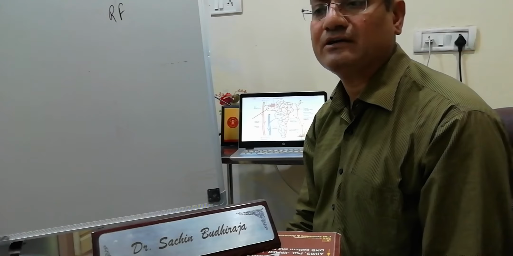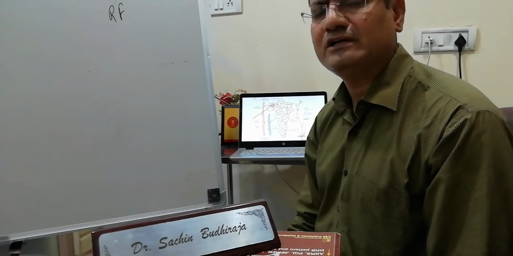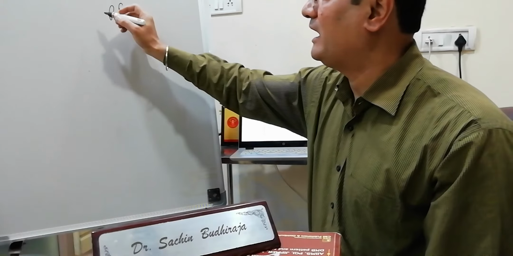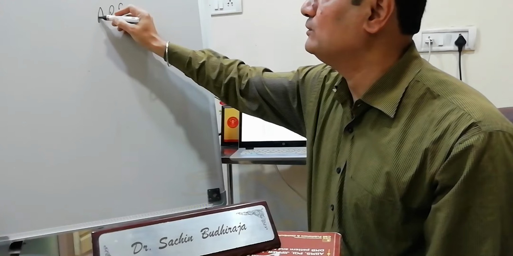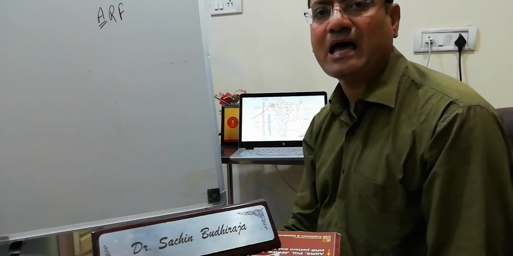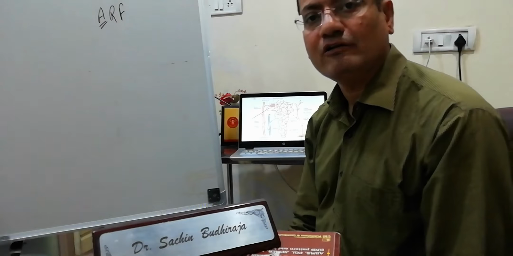And when you take the history, suppose the patient says that a few days back he was absolutely fine, and within a few days, due to this or the other reason, we'll discuss ARF in detail, this patient has gone into renal failure, and you label this condition as acute renal failure. As I said, acute means an illness which has happened over a few days. Right? So this patient has gone into acute renal failure.